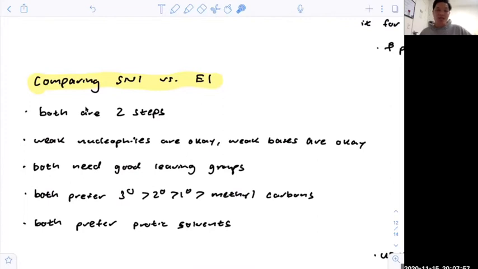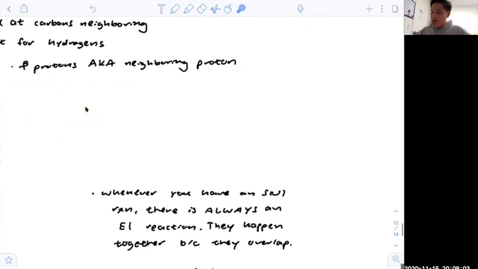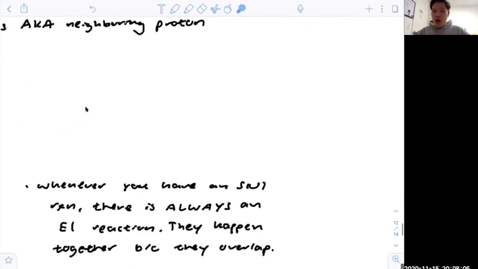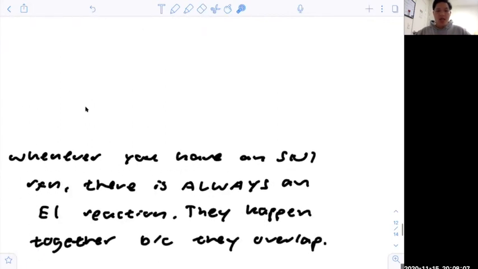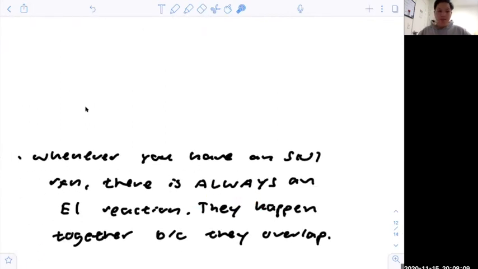Because it looks like we're just gonna guess which one is the major and which one's gonna occur, right? Actually, in a lab setting, whenever you have an SN1 reaction, there will always be an E1 reaction because of the things that they overlap and because they both require almost the same things.